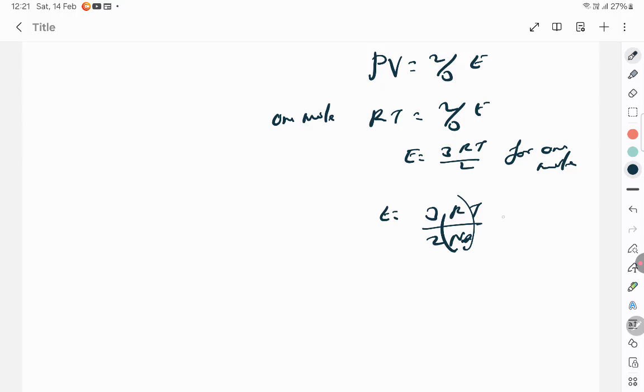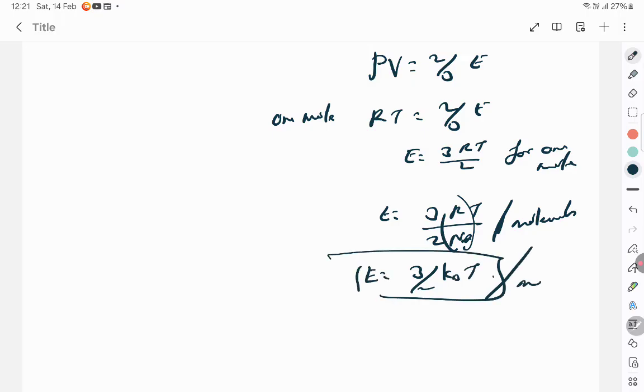This is for 1 molecule, per molecule, which means this will become kB. 3 by 2 kB into T is the formula for energy per molecule. So you should understand when the formula 3 RT by 2 is for 1 mole, and 3 by 2 kBT is per molecule. That clarity you should have.